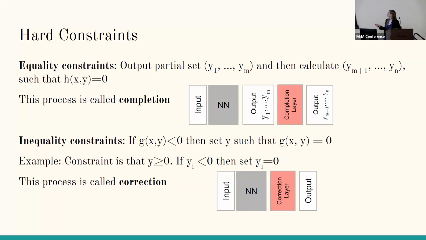And for inequality, we just correct. So this inequality constraint, we just set it to 0. For example, in some cases it could just be a ReLU function. If something is negative, we set it to 0.